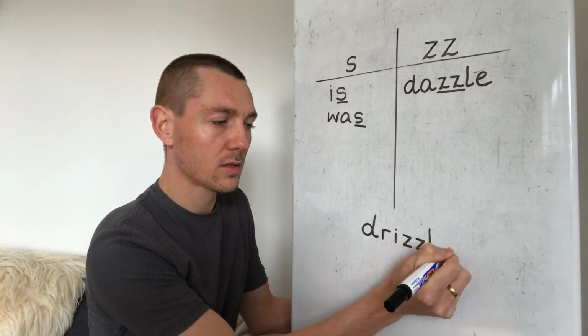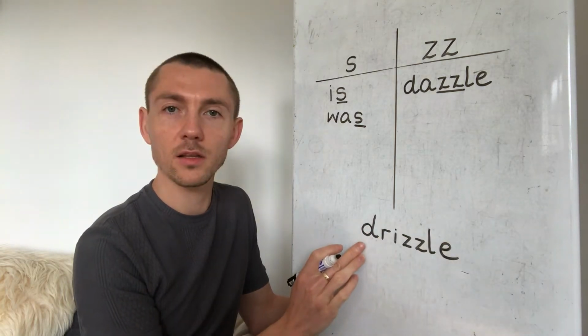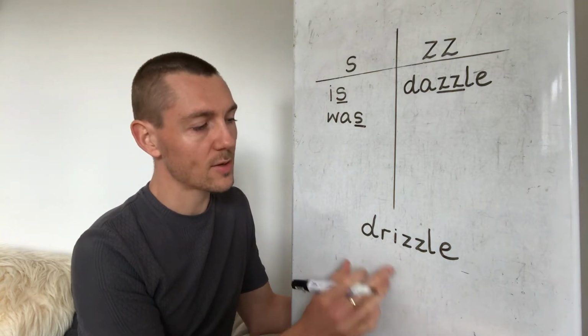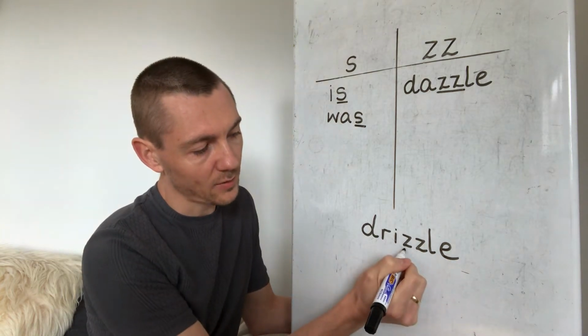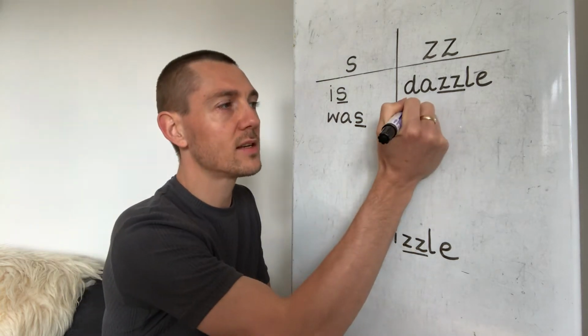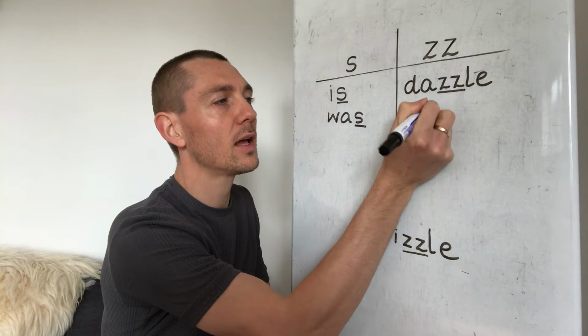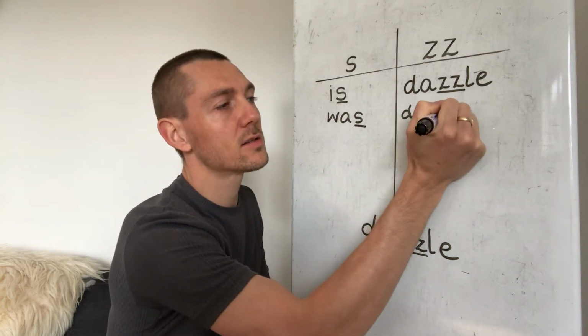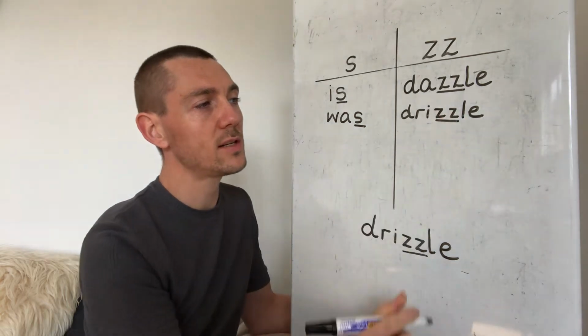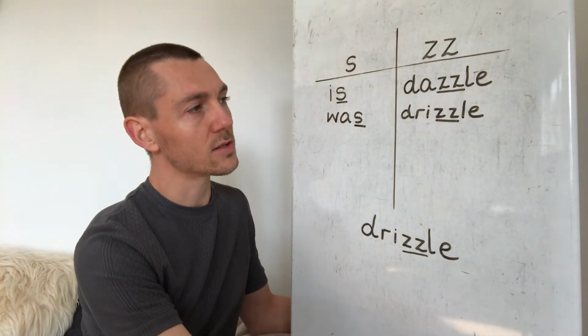Okay, 1, 2, 3. Drizzle. So again, we can see that we've got the double Z spelling of Z, and we say D, R, I, Z, O, Zul, drizzle, drizzle.